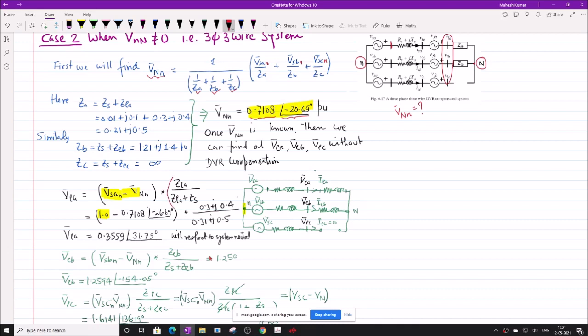So this VLA comes out to be 0.3599, very small voltage, an angle of 31.79. So this is quite a reduction, almost 65% reduction at the terminal voltage with respect to system neutral, of course. So this is by default VLAN, the voltage with respect to system neutral.